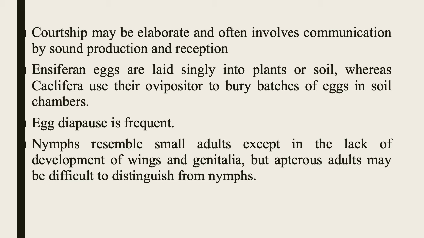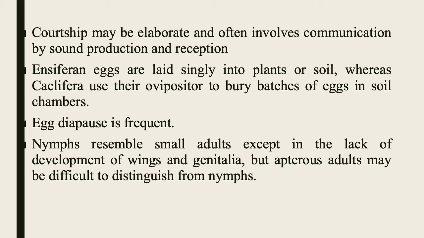Ensiferan eggs, Ensiferan suborder, the other suborder. Ensiferan eggs are laid singly into plants or in the soil, whereas suborder Caelifera use their ovipositor to bury batches of eggs in soil chambers. Diapause in eggs is frequently observed.